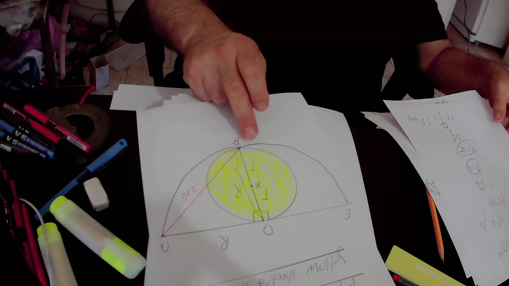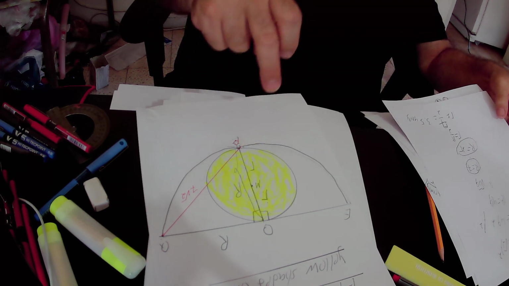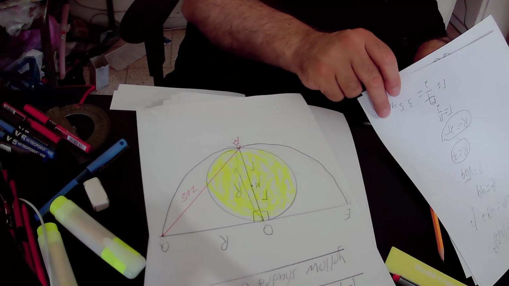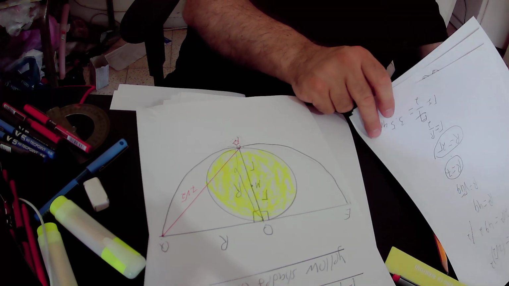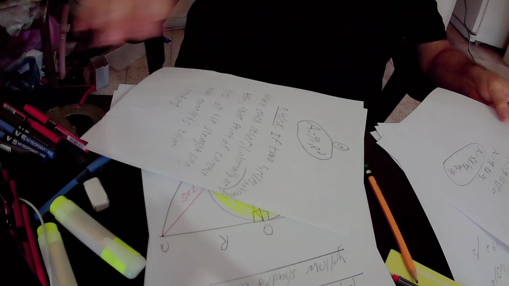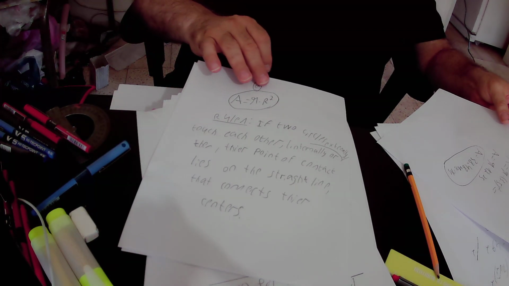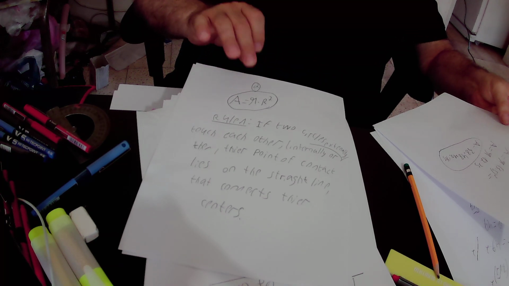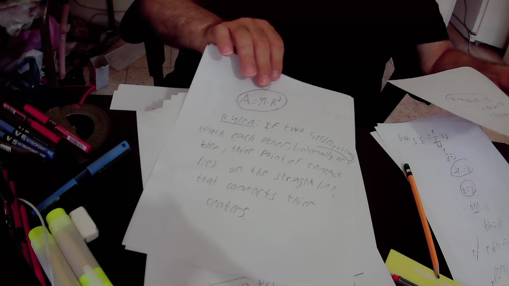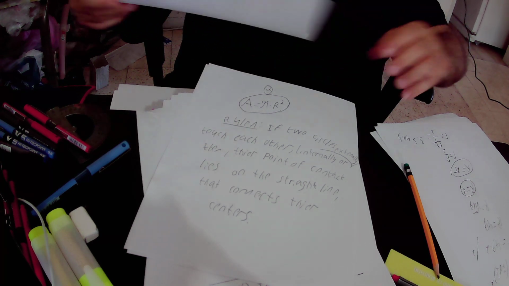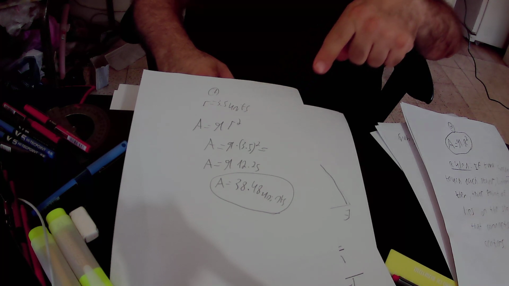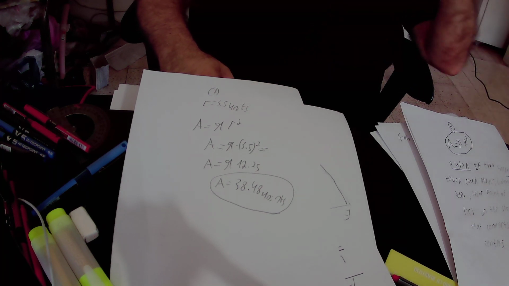Okay, so we know that the radius of the yellow small circle is equal to 3.5 units. And according to the formula for the area of the circle, the area of any circle is equal to pi times r squared. We know that r is equal to 3.5 units. So actually the area of the yellow circle will be equal to pi times 3.5 squared, because r equals 3.5.